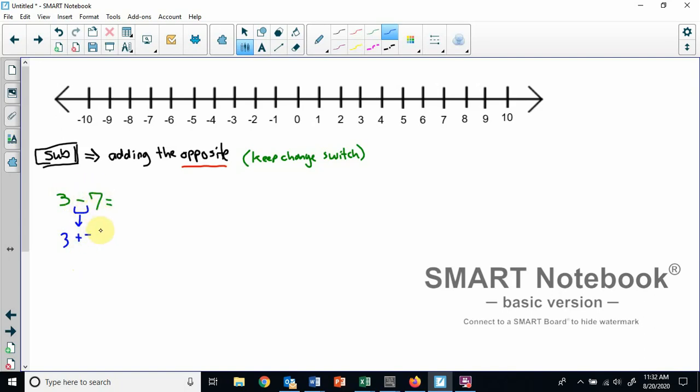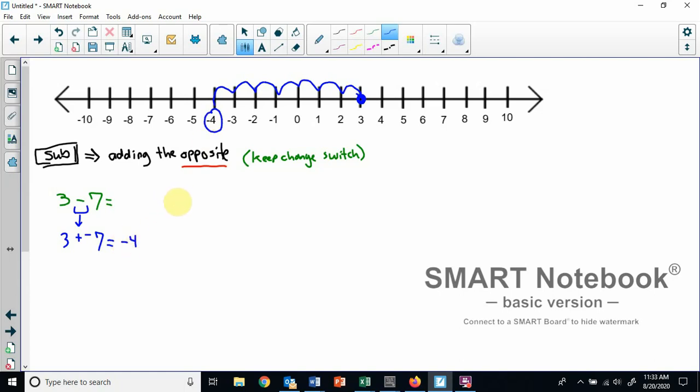Well, this was a positive 7, so we're going to turn it into a negative 7. And then these problems become exactly the problems that we just did. I'm starting at positive 3. I am going back 7. 1, 2, 3, 4, 5, 6, 7. So there I am at negative 4.